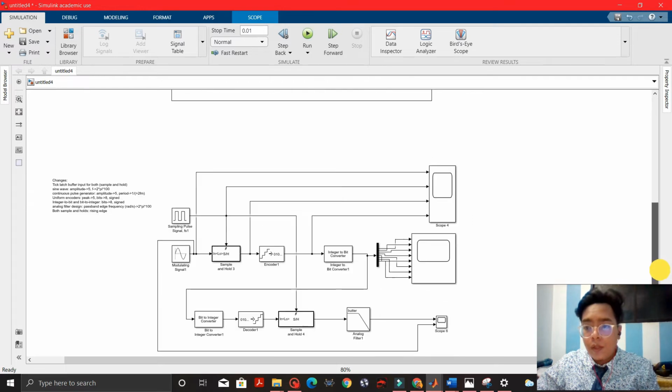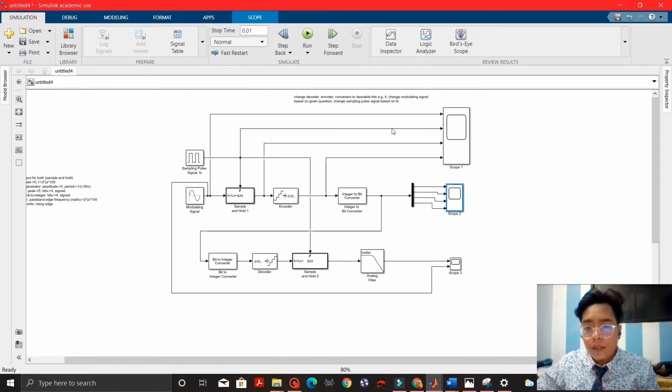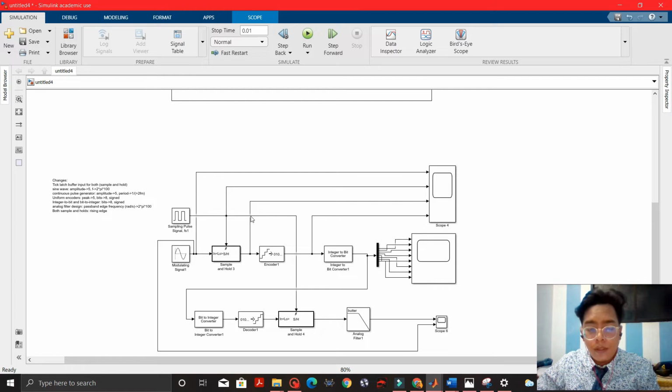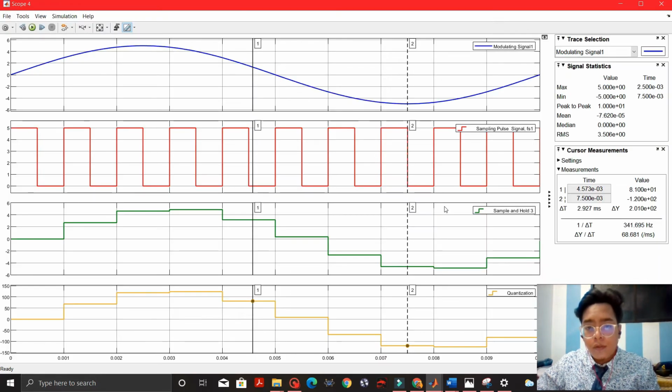Next, we go to the 8-bit. Same as the previous circuit, we change the encoder decoder converter to the desirable bits. So this is for 8-bit. Scope 4. Okay, this is the quantization output.